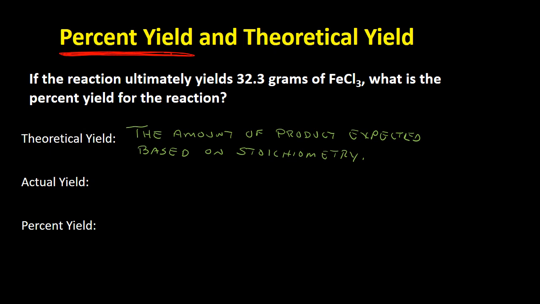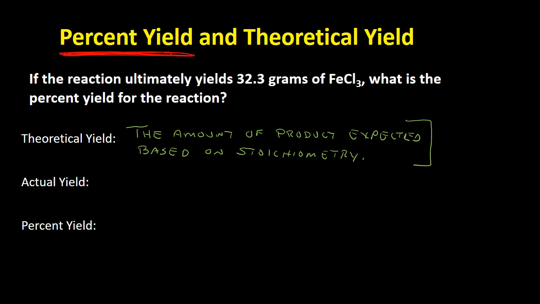So that means that the balanced equations and the amounts of reactants that you started with and all of the mathematical relationships before them, that gives you a theoretical maximum amount of product, and that's your theoretical yield.